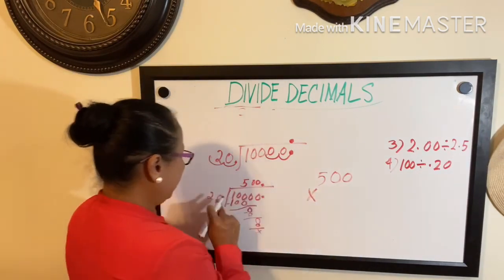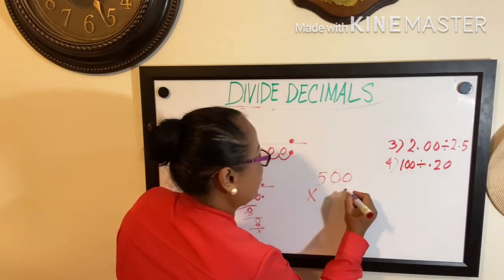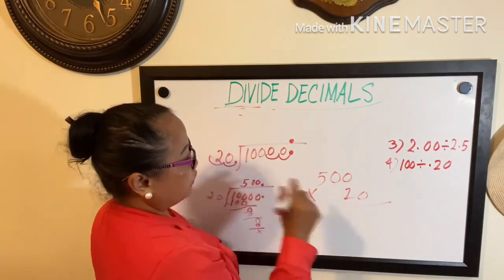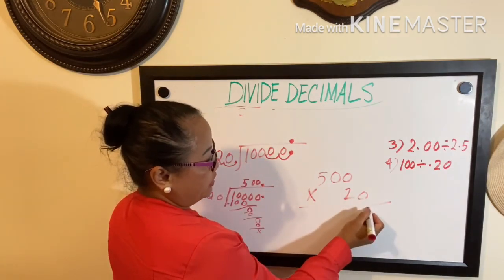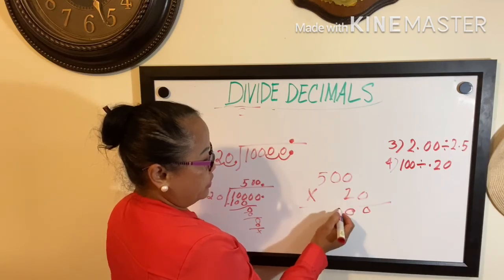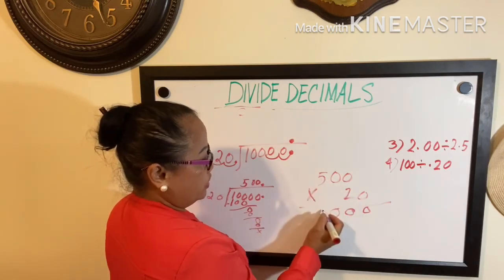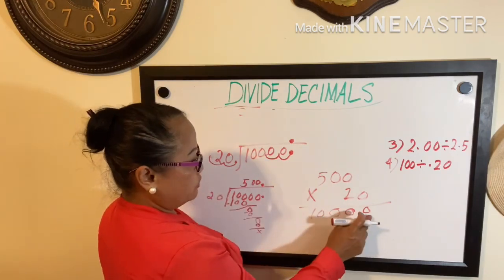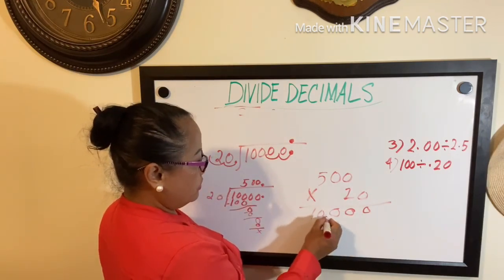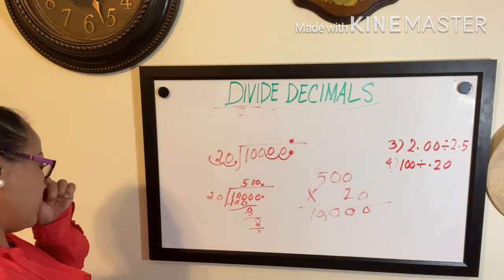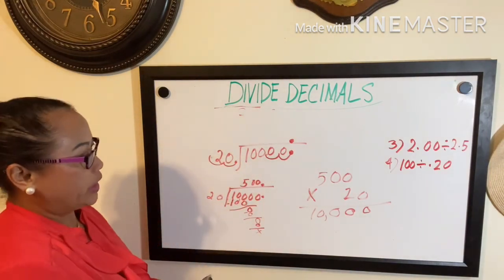We'll just multiply it like that. I'll just bring down, that's one way of multiplying. 0 and then 0 and then 0, 5 and 2 is 10. So we got 10,000. We got here 10,000. So we get our dividend. So our answer is correct.